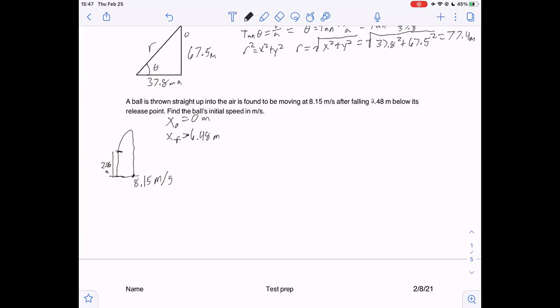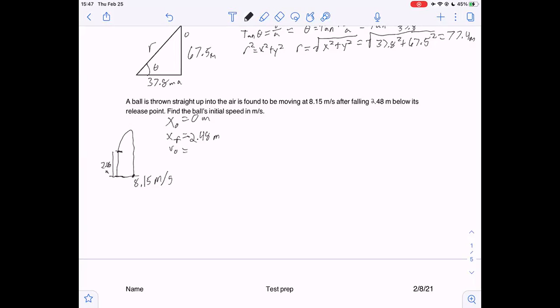And then we're looking for initial velocity. 2.48, it's negative.